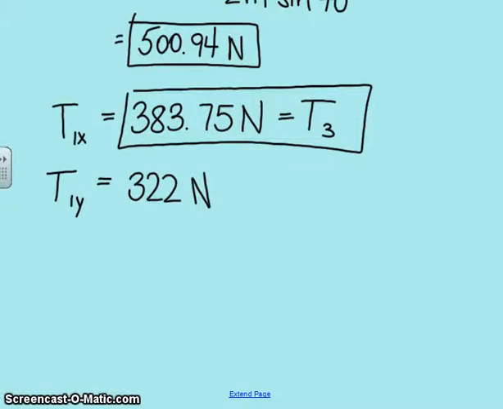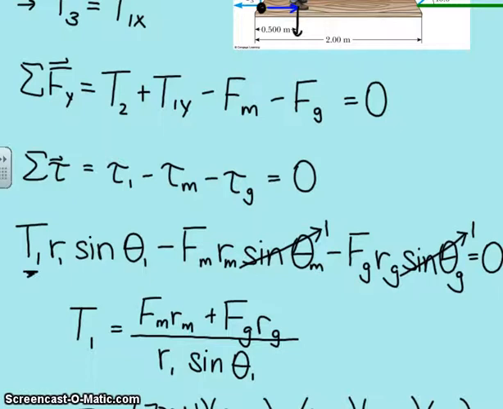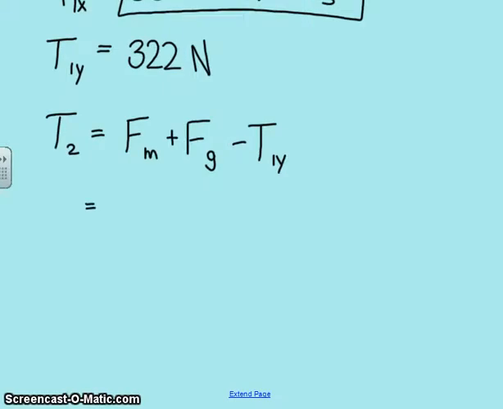Now the last thing we're looking for is T2. And I need to use my y equation to find T2. Based on this y equation, I can see that T2 is equal to force of the man plus force of gravity on the plank minus T1y. Force of the man, we already said, was 700 newtons.